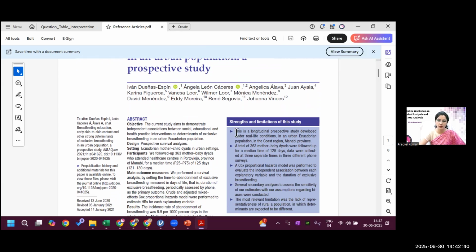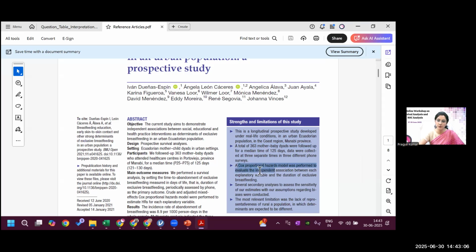The author is saying that this is a longitudinal prospective study developed under real life conditions in an urban Ecuadorian population in the coast region, Manabi province. A total of 363 mother-baby dyads were followed up to a median time of 125 days. Data was collected at 3 separate times in 3 different phone surveys.